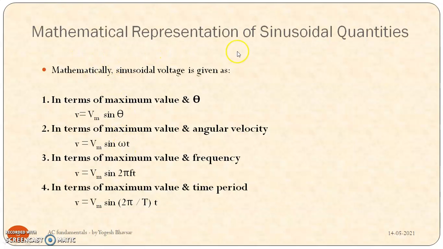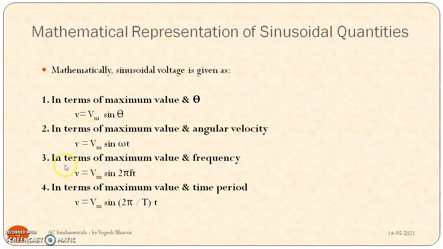Now mathematically the sinusoidal quantities can be represented in various ways, right? With respect to the maximum value and angle theta, we have V equals Vm sine theta. V is the instantaneous value, Vm is the maximum value, and theta is the angle. In terms of maximum value and angular velocity, it will be Vm sine omega t.